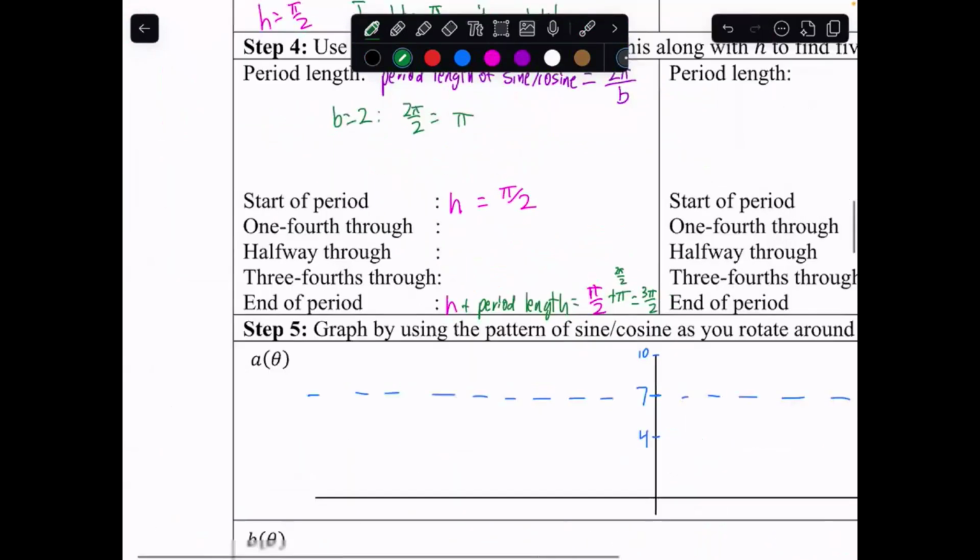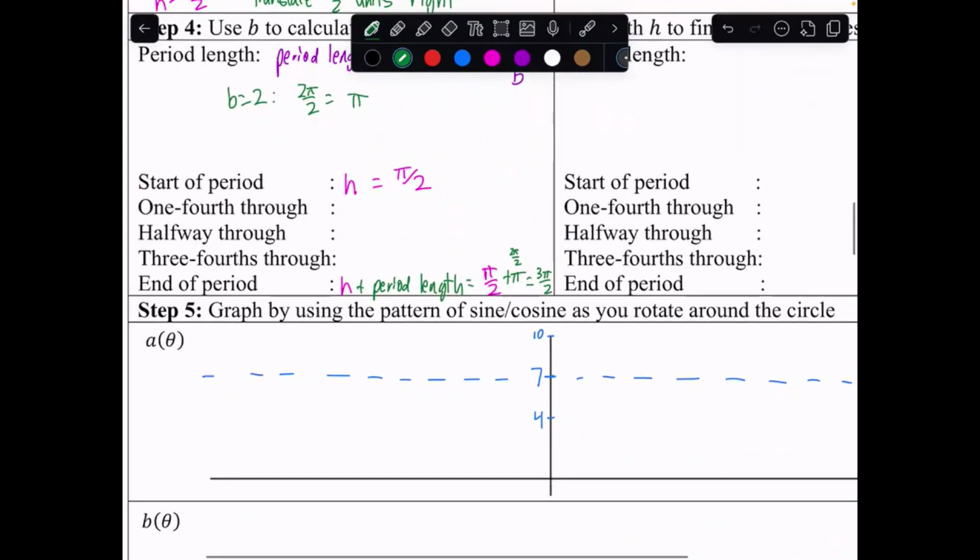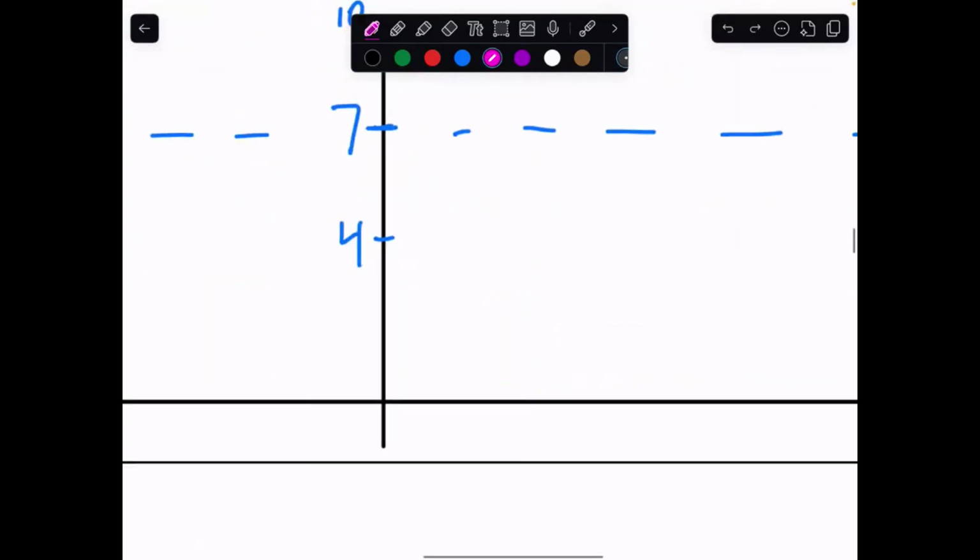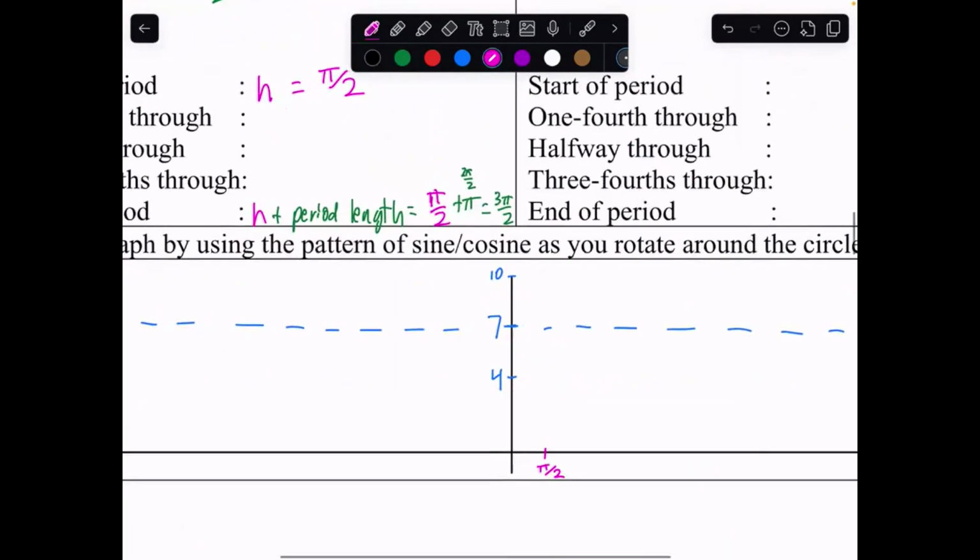Okay, so let's take a second and just catch up on our graph. So pi over 2 will go a little bit to the right of the origin. Okay, and then we want to jump to the end of the period, which is at 3 pi over 2. Okay, so 3 pi over 2 is 3 times pi over 2.